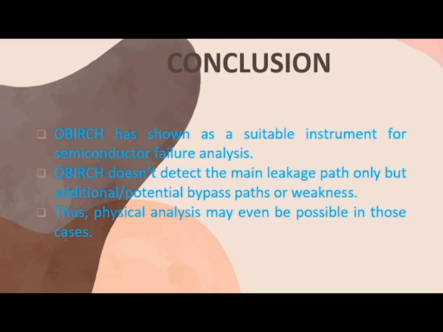Since the current sensitivity of this method is of outstanding performance, OBIRCH doesn't detect the main leakage path only, but additional or potential bypass paths or weaknesses too. Those physical analyses may even be possible in cases where the main leakage path doesn't allow further physical conclusions due to the critical structures being melted.